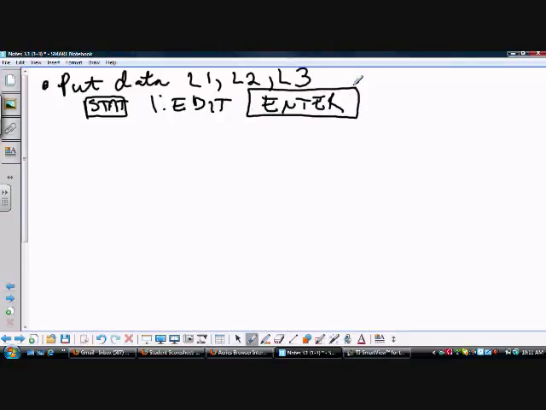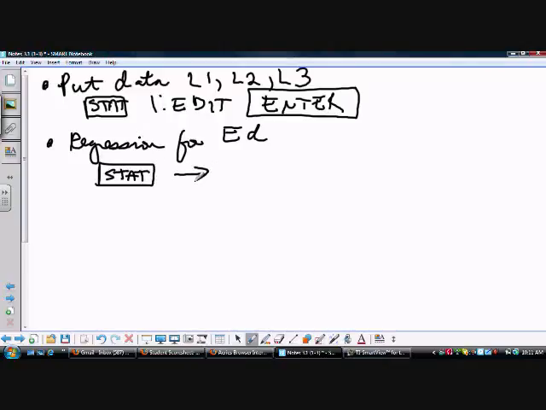Okay? After we put our data in those lists, we ran a linear regression for Ed. So, the regression line for Ed, the buttons we pushed were stat, then you arrowed right to calc, then you chose number 4, linreg.